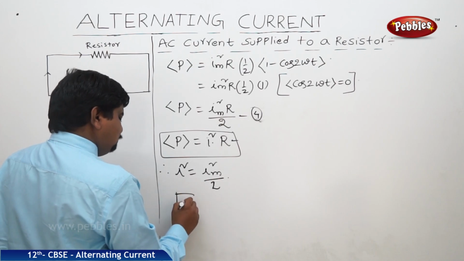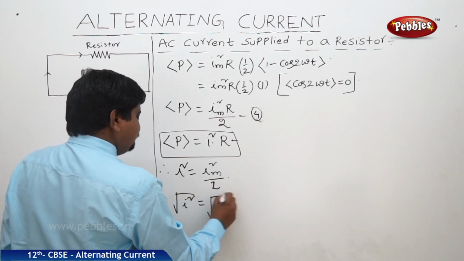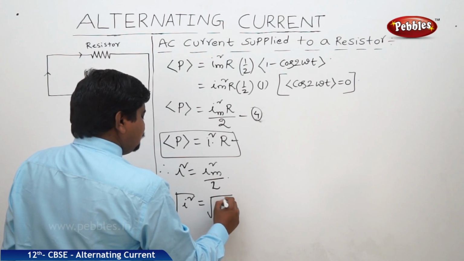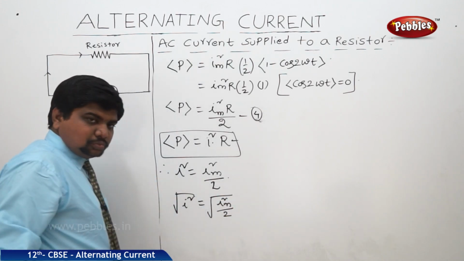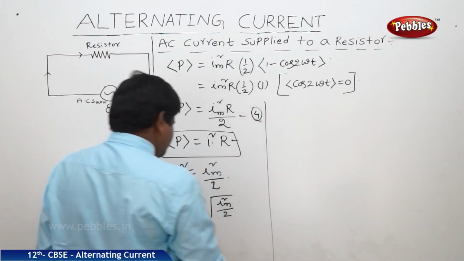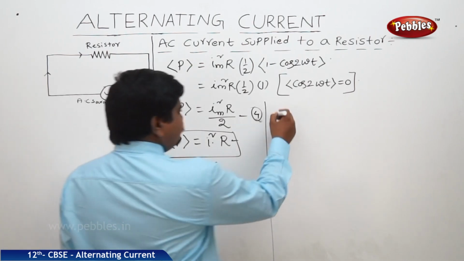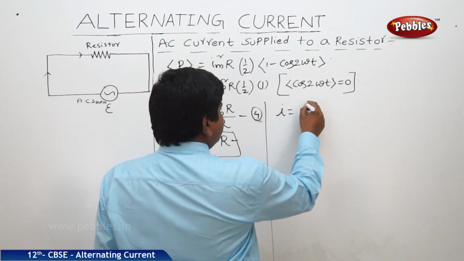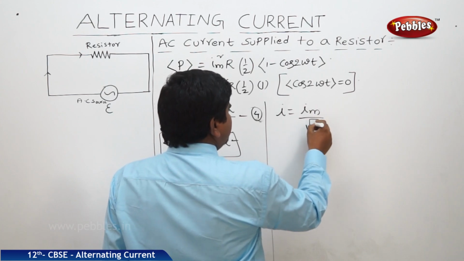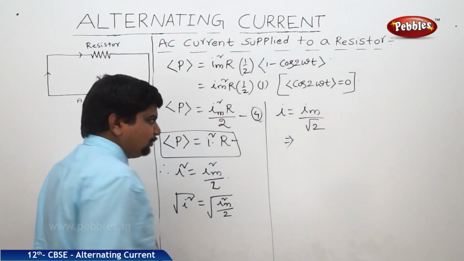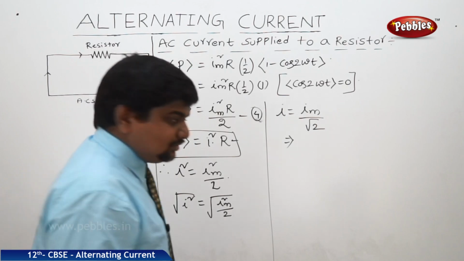Applying the root on both sides, under root I square is equal to under root Im square by 2. Therefore, the square and root get cancelled, and I is equal to Im by root 2. 1 by root 2 is nothing but 0.707.